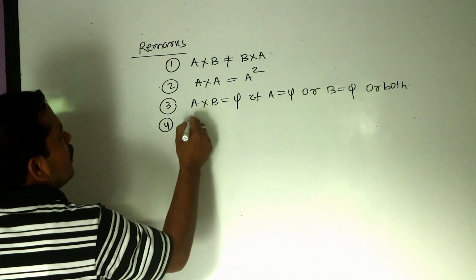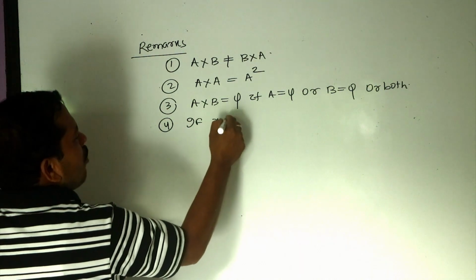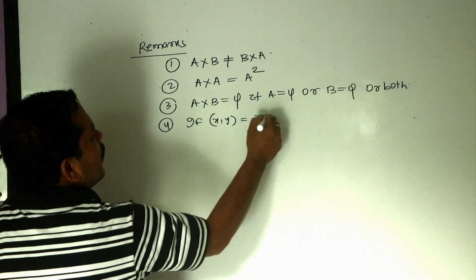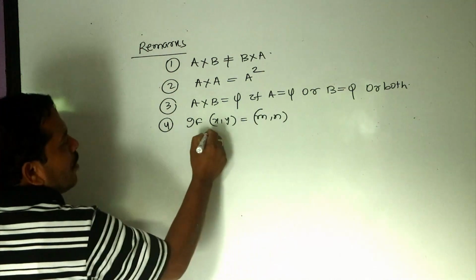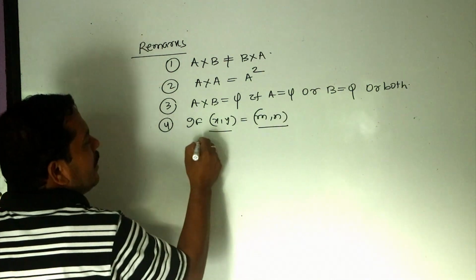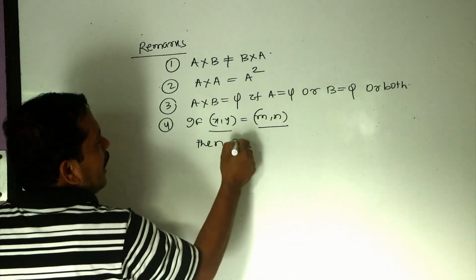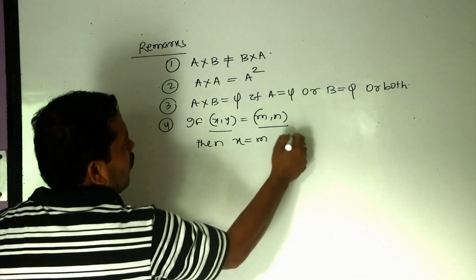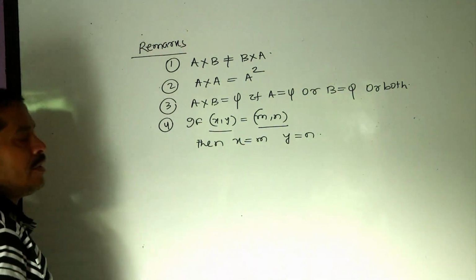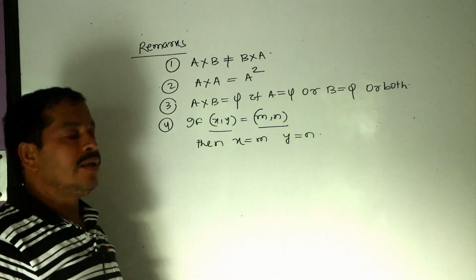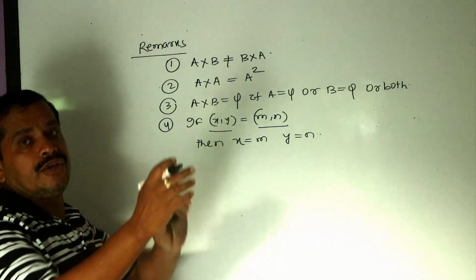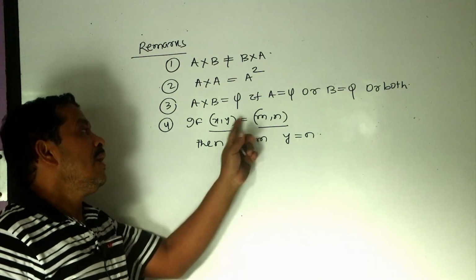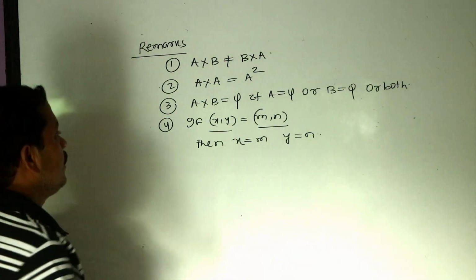Number 4: if the ordered pair (x, y) equals the ordered pair (m, n), then x equals m and y equals n. If two ordered pairs are equal, then the first component equals the first and the second equals the second.